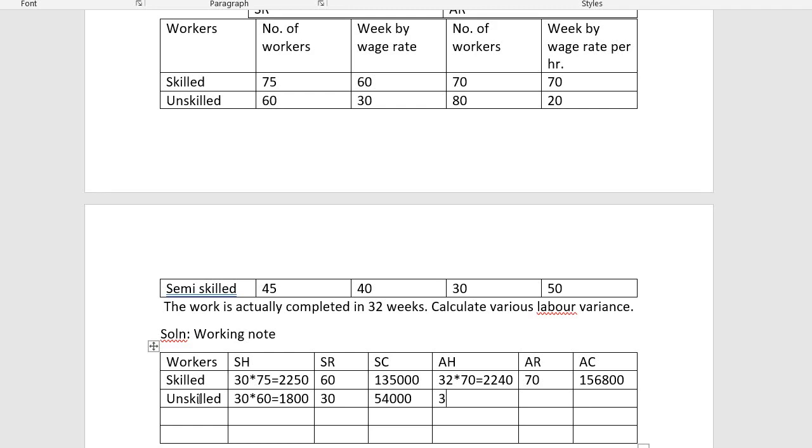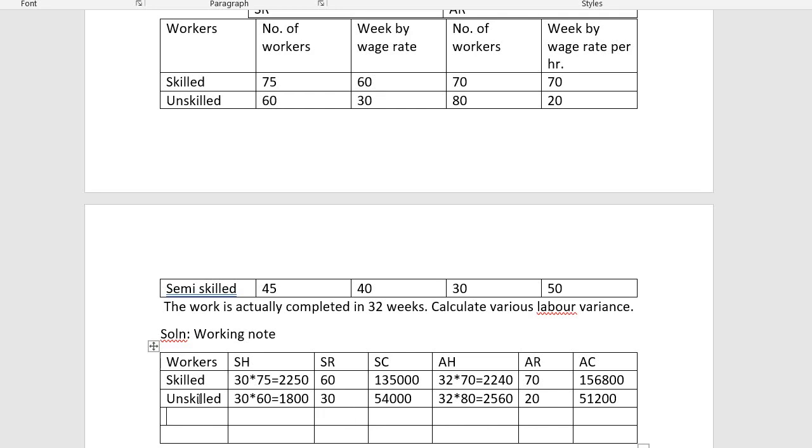Actual 32 weeks, the labors will be 80. 32 into 80 is 2,560. The actual rate is 20, so 20 into 2,560 is 51,200.